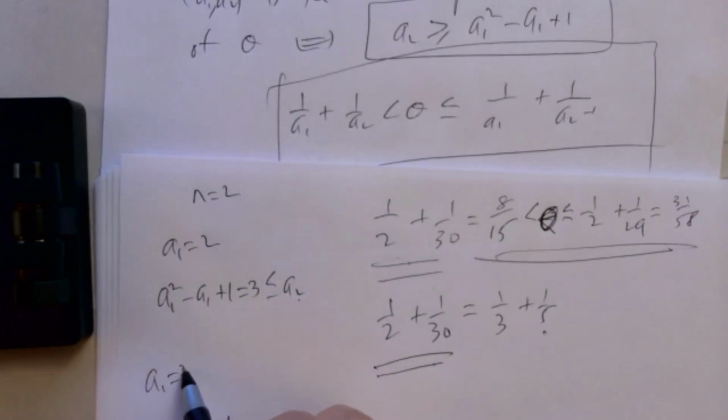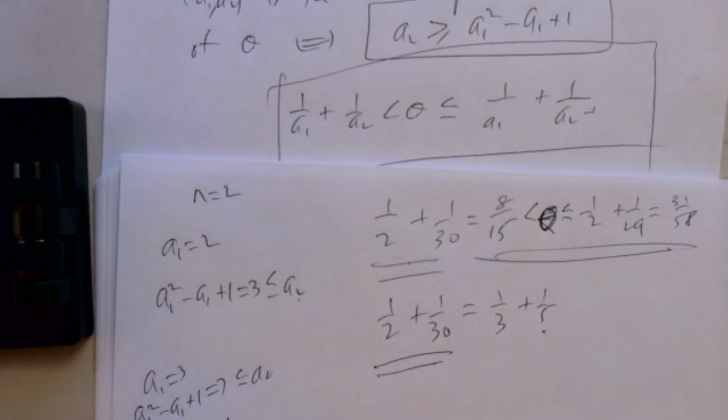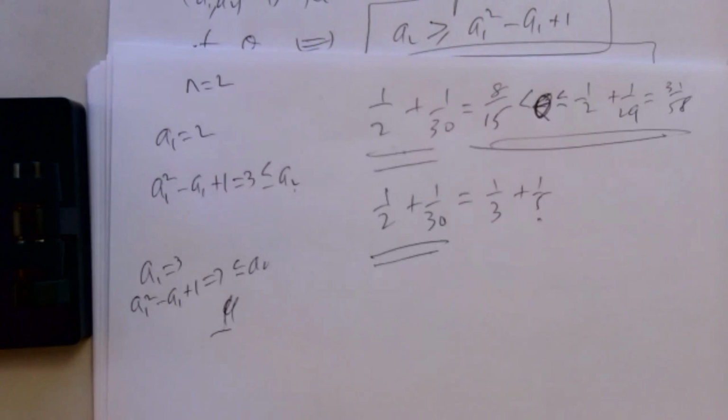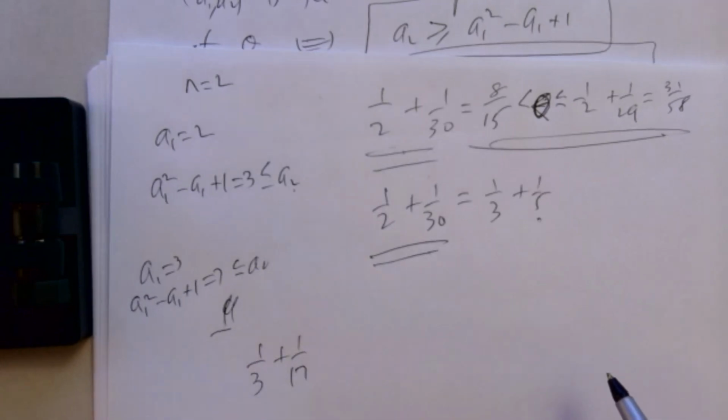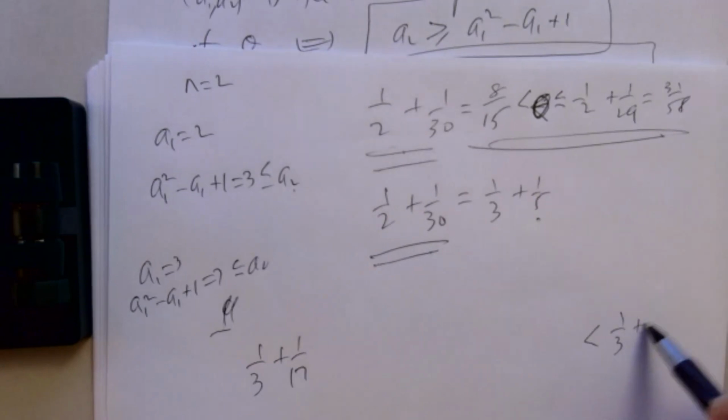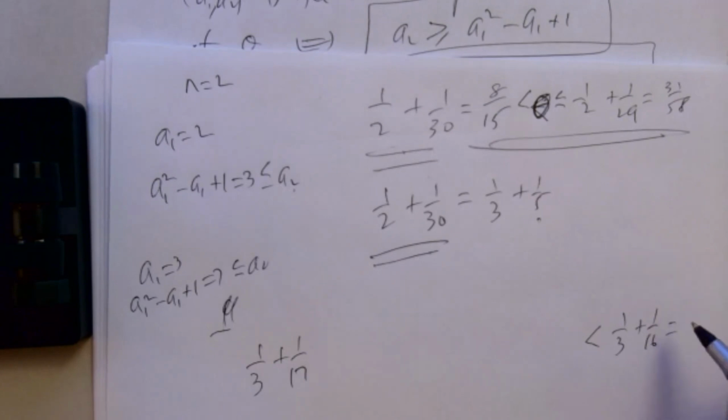Let's look at one other example. Suppose I take A1 equal to 3. So A1 squared minus A1 plus 1 is 7. So I want an A2, which is at least 7. So maybe I take 1/3 plus 1 over 17, which obviously is less than 1/3 plus 1 over 16, which is 19 over 48.